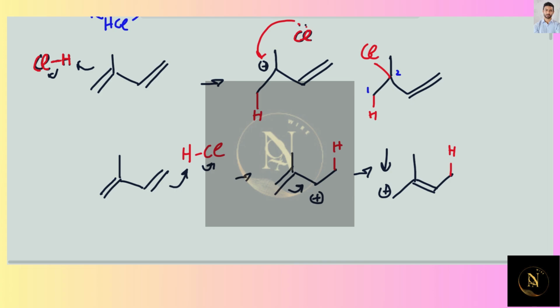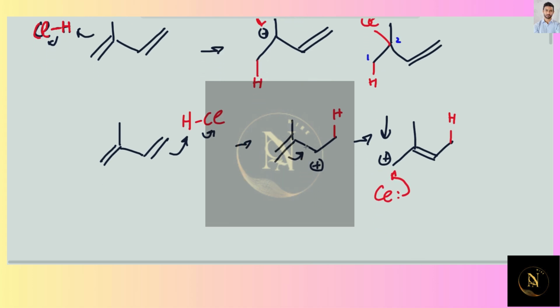It's stabilized by resonance, at which point the chlorine will come in and add, right? Finally giving us our final product with hydrogen here and chlorine here, which, if you were to count the number of carbons, 1, 2, 3, 4, is where we get the name 1,4 addition, right?